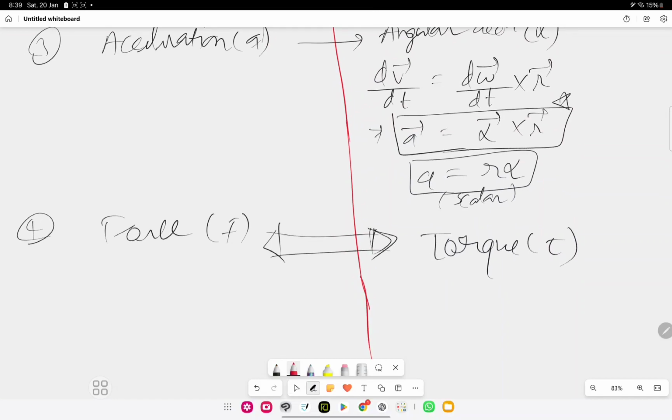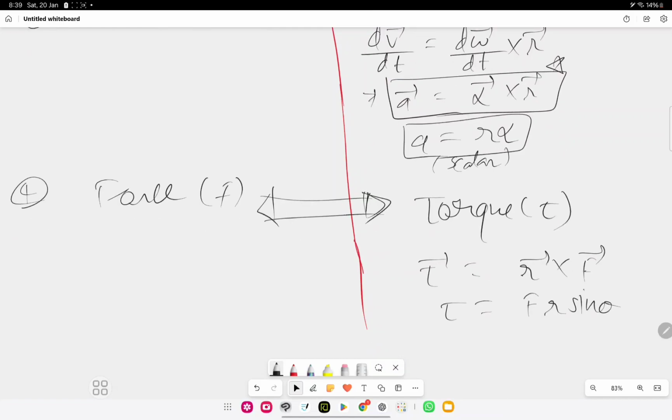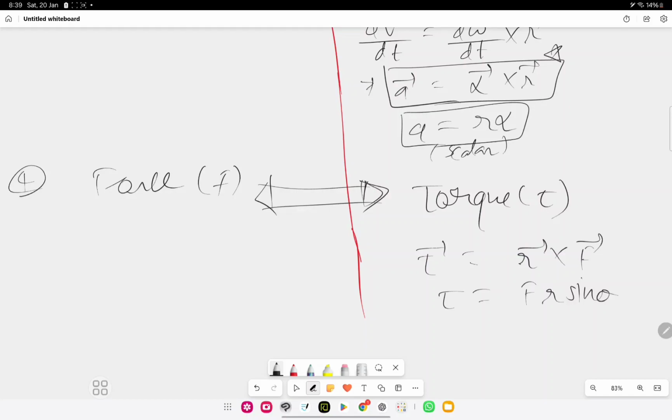How do we define torque? Torque equals R cross F. This is the vector form, or we write F into R into sine theta, because the cross product can be written like that. Force equals mass into acceleration, so similar to force, in rotation we write torque.